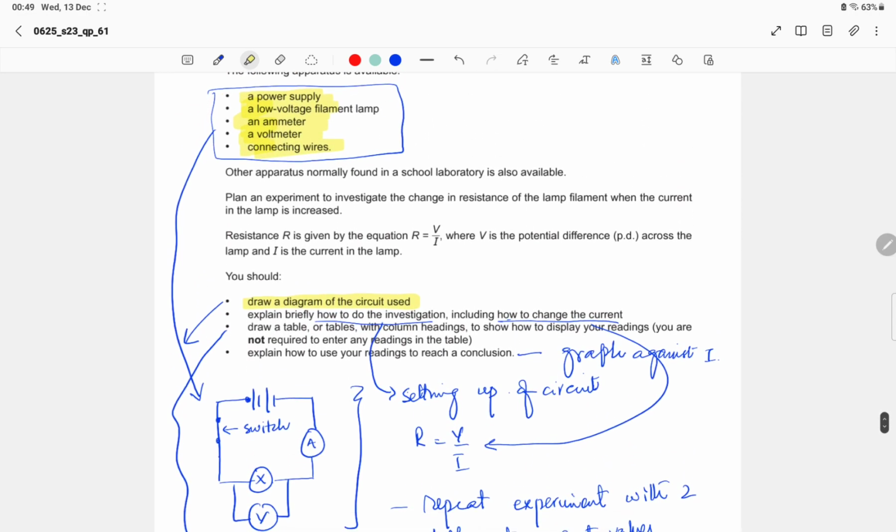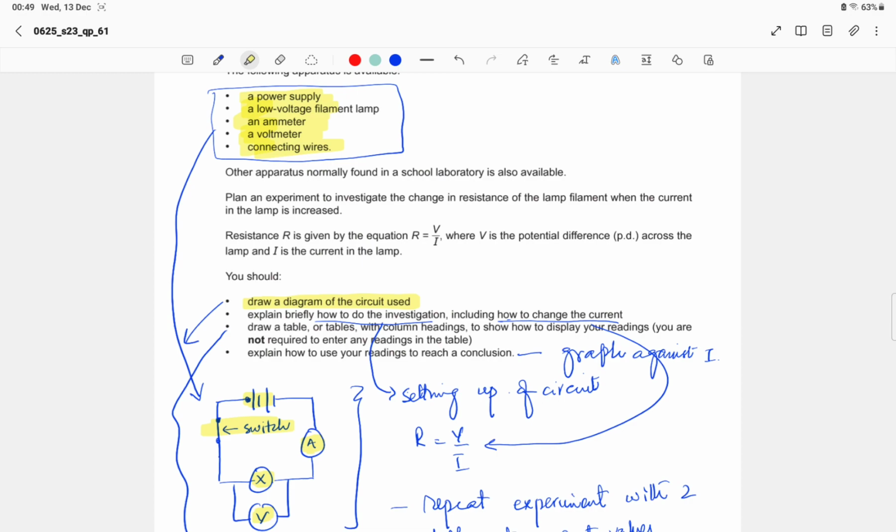There is a power supply, a low voltage filament lamp, an ammeter, a voltmeter, and connecting wires. And I have added a switch there because when we require the current, we can easily switch it on, and when we don't need the apparatus, we can switch it off.